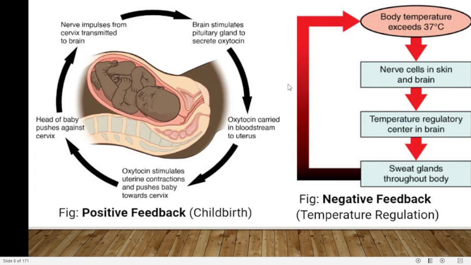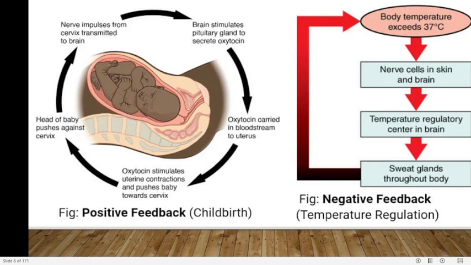Looking on my right, we have body temperature that exceeds 37 degrees Celsius. Here, the nerve cells in the skin and brain are stimulated. So the temperature regulation center in the brain is also stimulated.